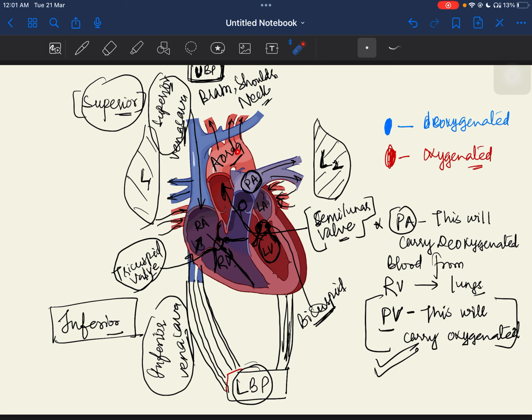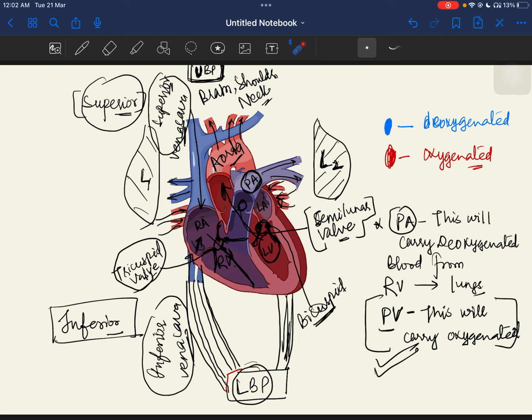Now through the aorta there are three branches which will pump the blood to the superior part of the body, or upper part of the body: the brain, shoulder and neck area. Then it goes downward, arises here, and distributes the blood in the lower part of the body.